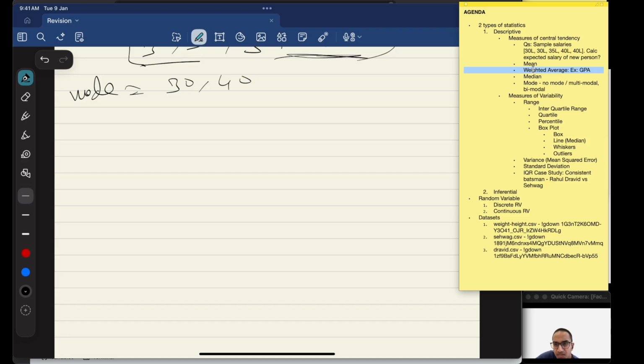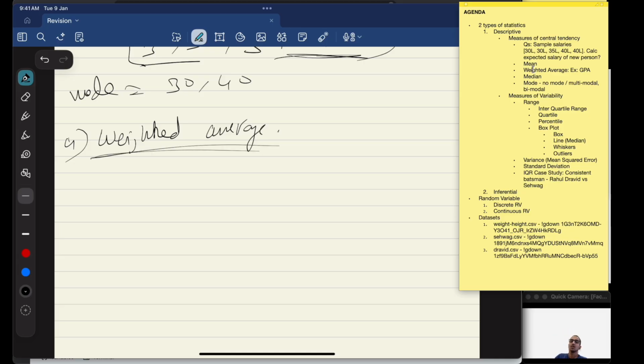I forgot weighted average, so we'll do weighted average. The other type is weighted average. So weighted average is a scenario where every data point has an importance or relevance attached to it.